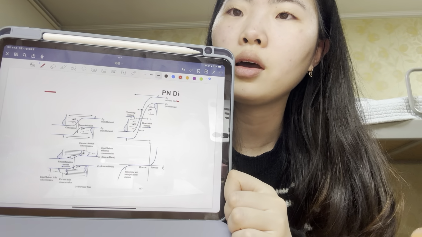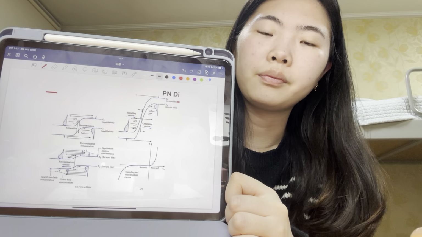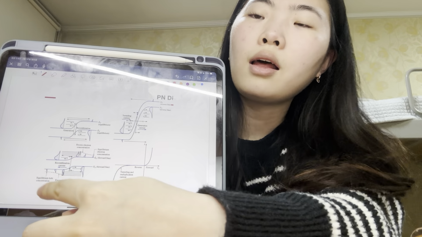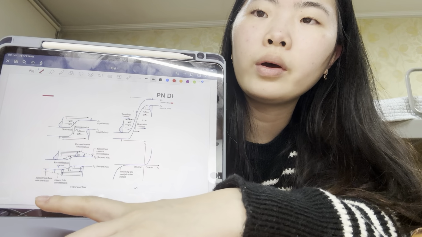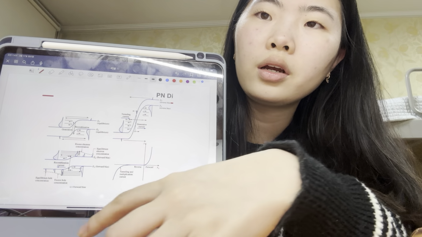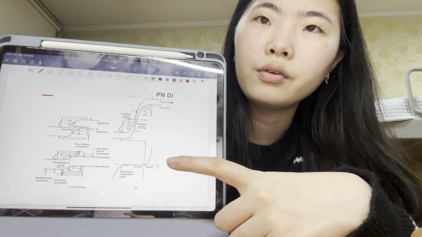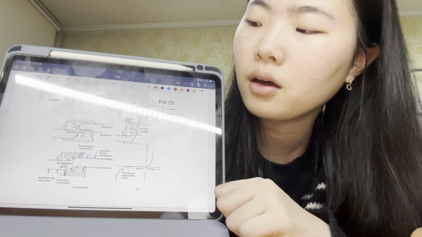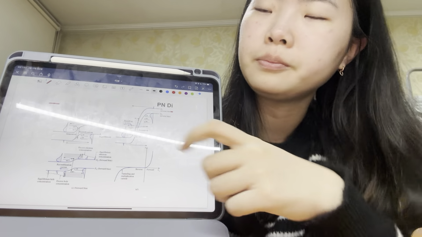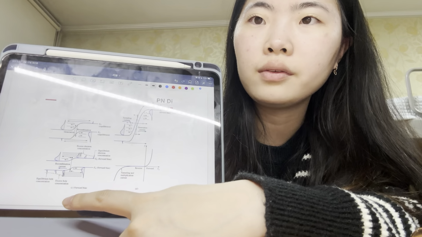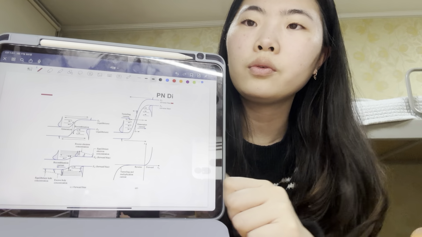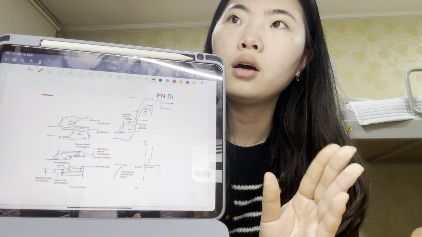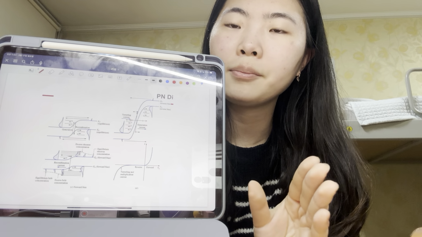And this is the energy band diagram of the PN diode. The left side is the forward bias, when we put the forward bias in here, and the right side is the reverse, when we put the reverse bias in here. When we put some forward bias in here, the depletion region is going to be shorter than before.